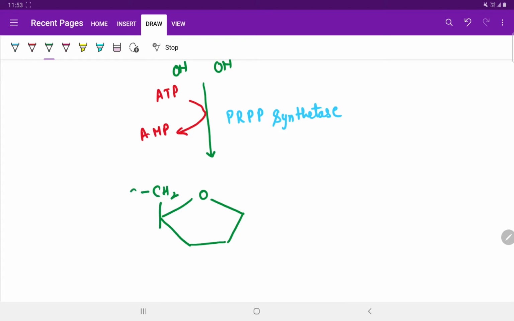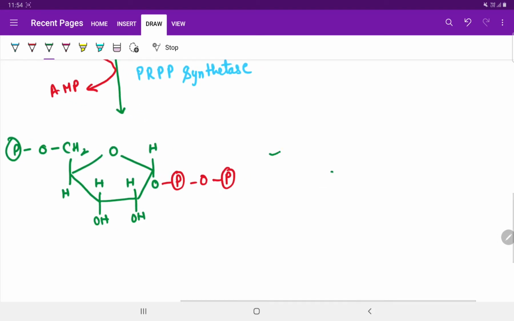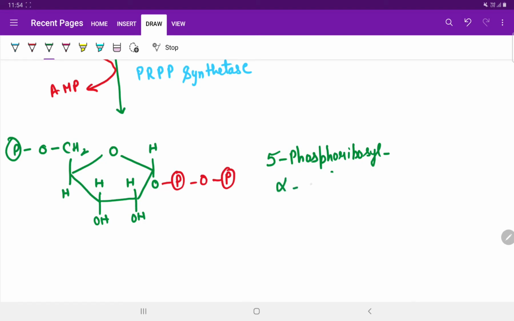The changes will be marked by red color, and the rest of the structure will be the same. So this is the structure for 5-phosphoribosyl alpha pyrophosphate.